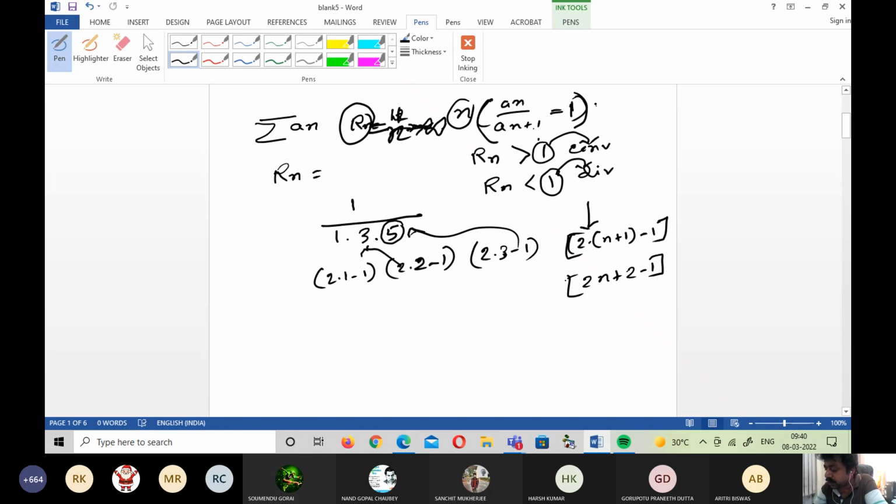As a whole, you have to calculate the value of Rn. And this value is Rn. If Rn is greater than 1, then it is convergent. If Rn is less than 1, then it is divergent. All of you have written? Then I shall proceed to the next.